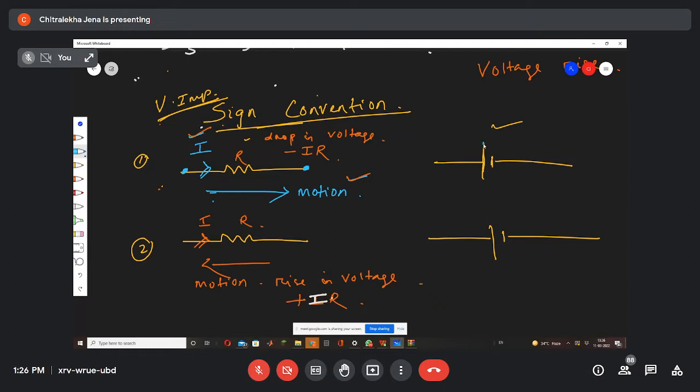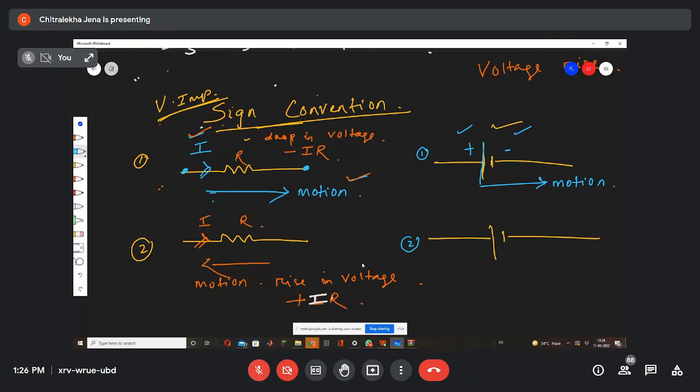Now come to the battery. Here this is the higher potential, this is the lower potential. When the motion is from higher potential to lower potential, irrespective of the direction of the current, I don't have any interest in the direction of the current, whatever it may be.